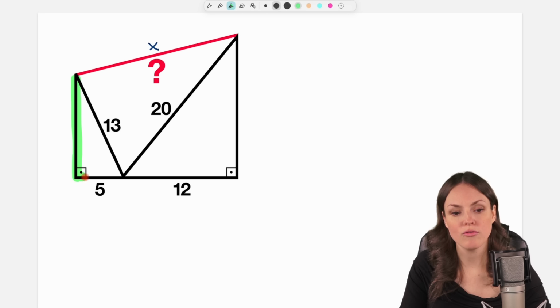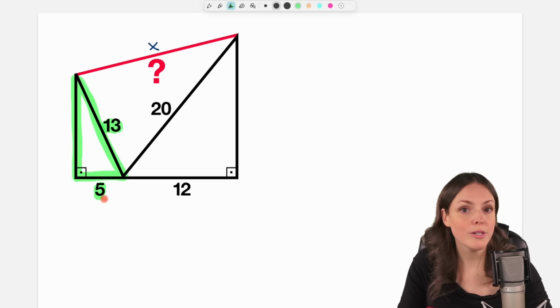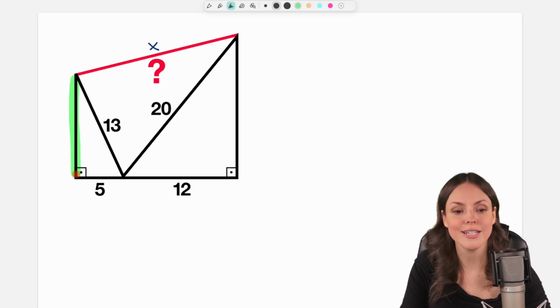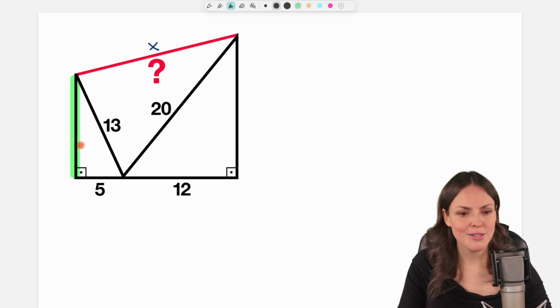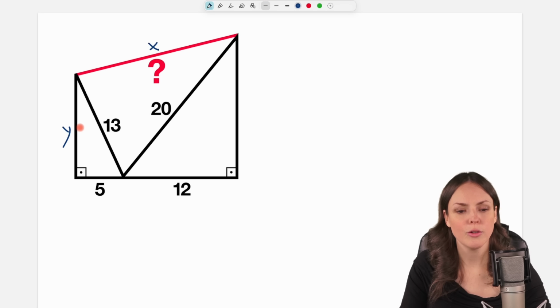so we have a right triangle here, and we know the length of this side, we know the length of this side, so maybe we start here and find the length of the third side using the Pythagorean theorem. Okay, let's do that. I call the length of this side y, and for the Pythagorean theorem, we first have to know where the hypotenuse is.